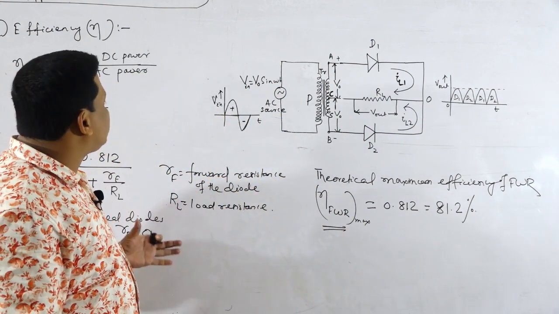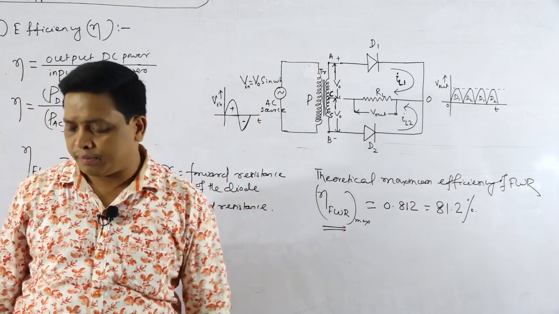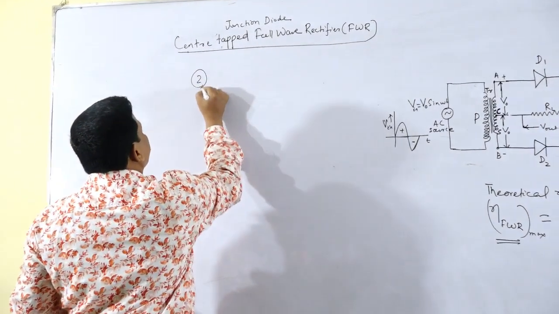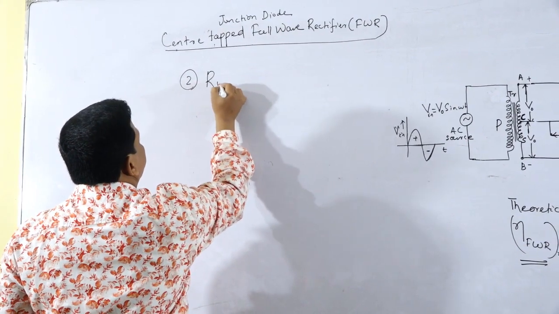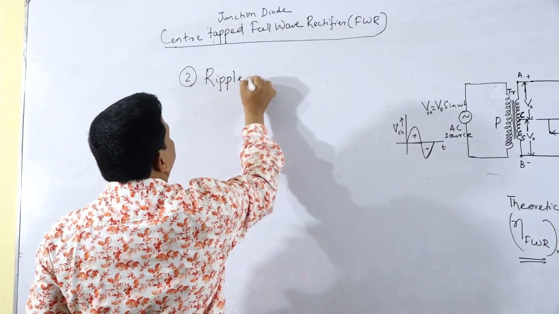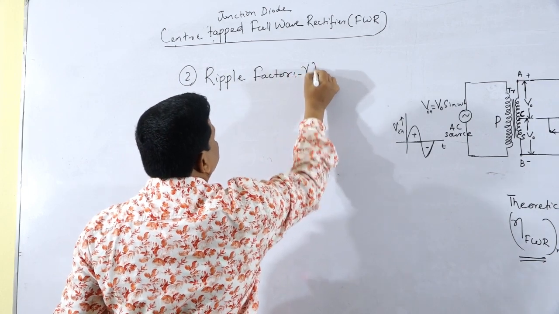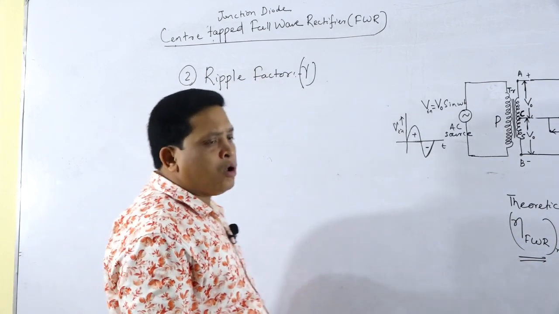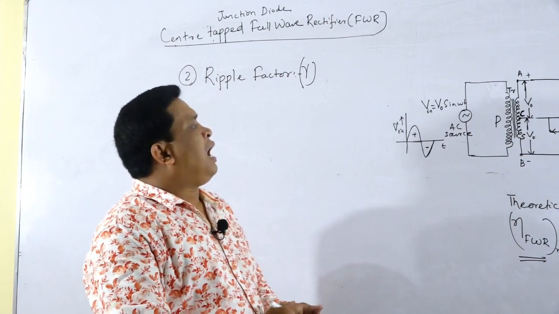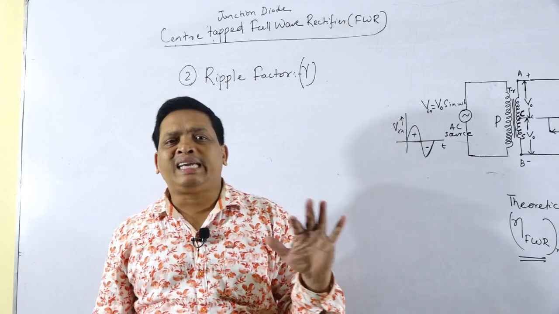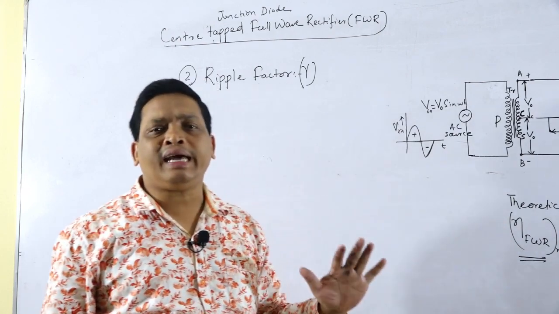So, next we shall see the ripple factor, denoted by symbol gamma. I always tell you that at the output of the rectifier circuit, we do not get steady DC.